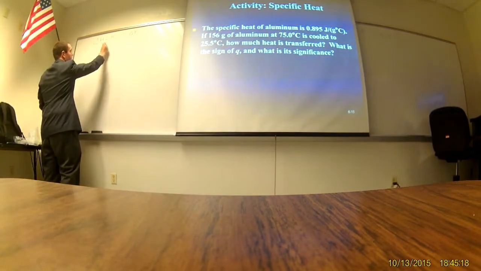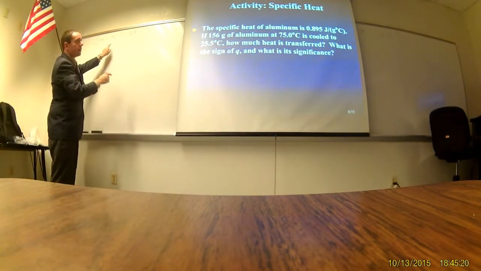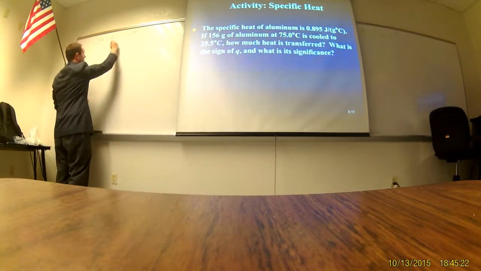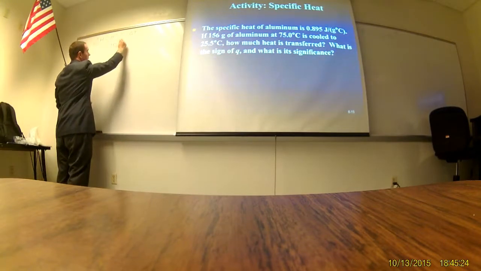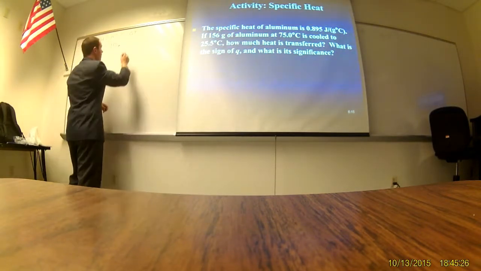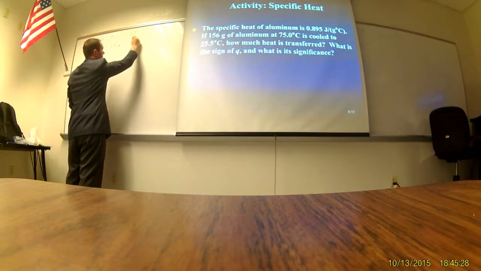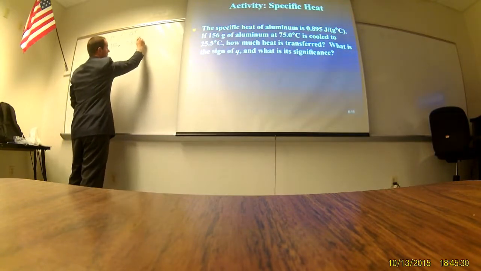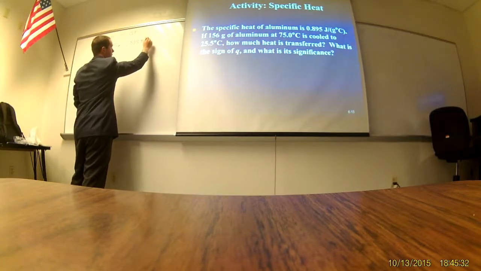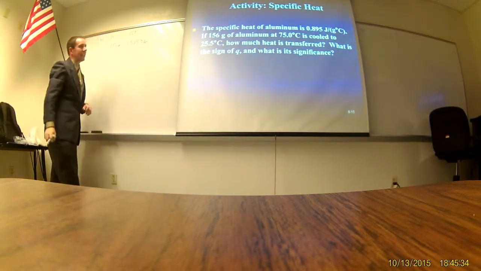So our mass is 156 grams. Our C is what? 0.895 joules per gram degree Celsius. What is my delta T? Negative 49.5.